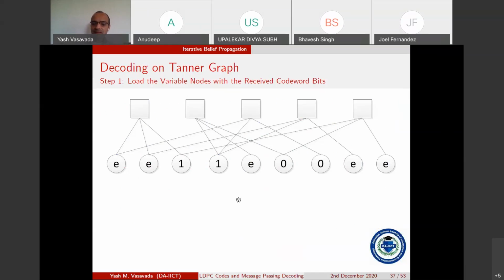By the way, this is exactly the same as the example that we looked at for row by row and column by column. 5 bits are erased. First bit, second bit, fifth, and then the last 2 bits, which is the same erasure pattern that we had in that other example. So this is actually the same example as before, except now we are doing the decoding on a graph instead of on a square array.